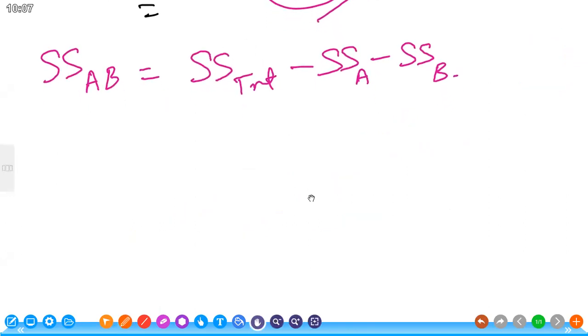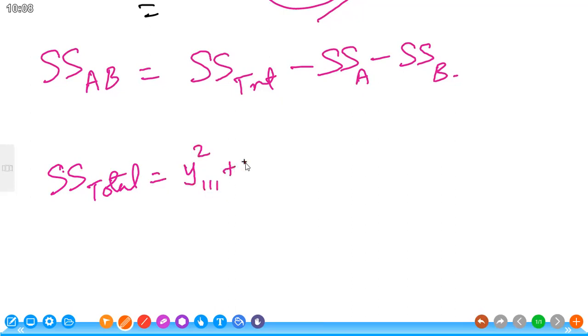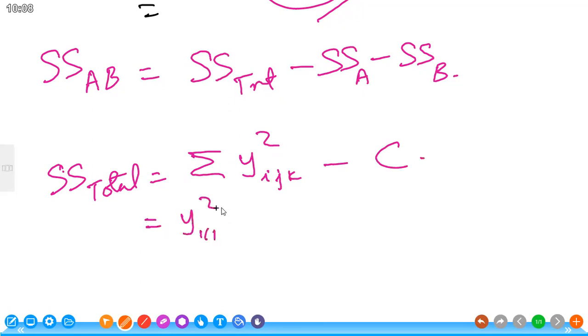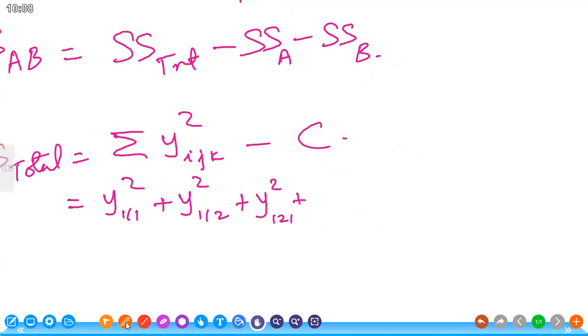Then the sums of square of total is calculated as y111 square plus y112 square plus y121 square plus, likewise, it goes up to the last component. The summation of y(i)j(k) square minus C is the formula you could have seen. The last component in our case is y432.